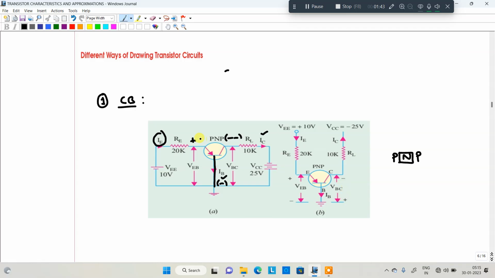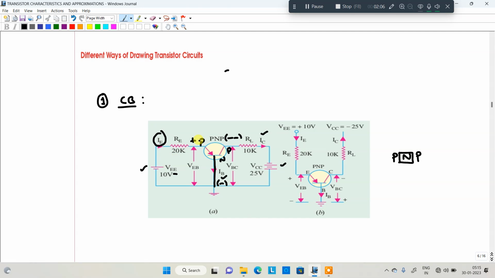After that, these are the voltages we connect, VEE and VCC. You know that if the transistor is properly biased, the input should be forward biased and the output should be reverse biased. The input is forward biased, and this is a PNP transistor.